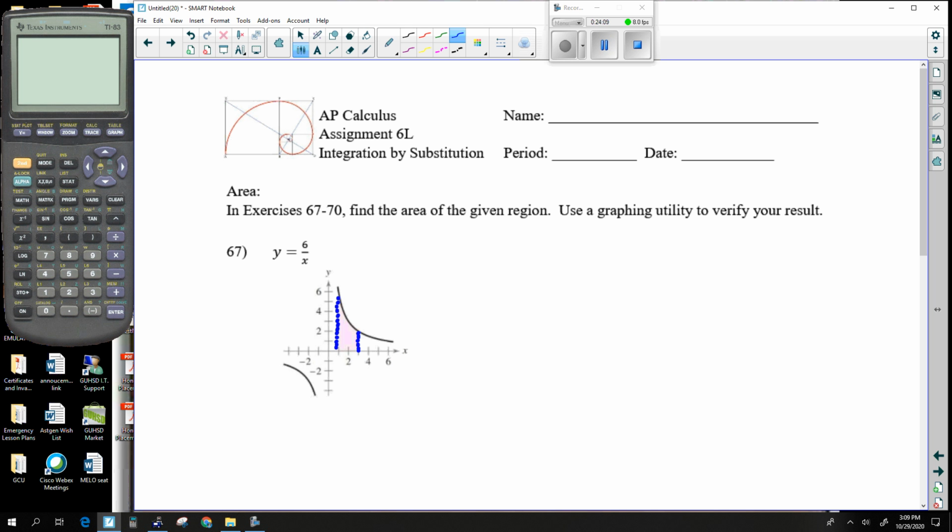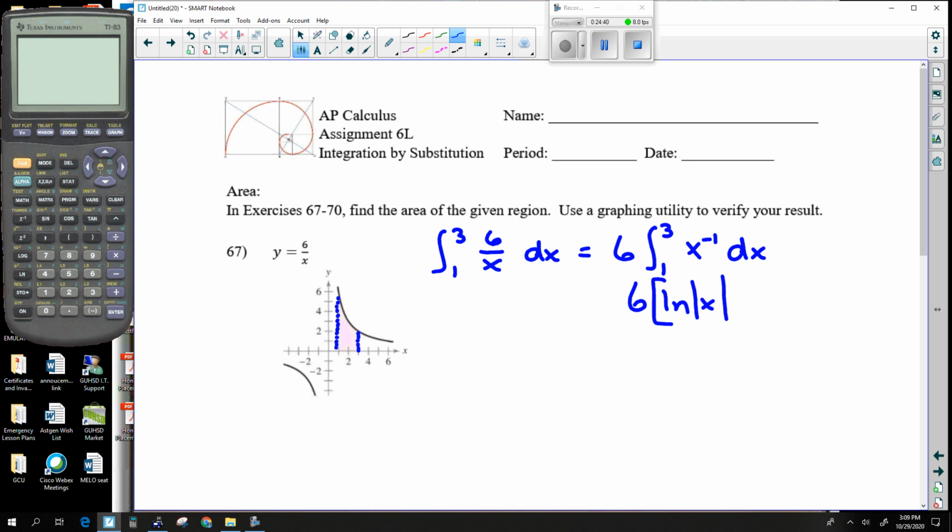So we want to find the area from 1 to 3 of this picture. Same thing right there. ln of 1 is 0.